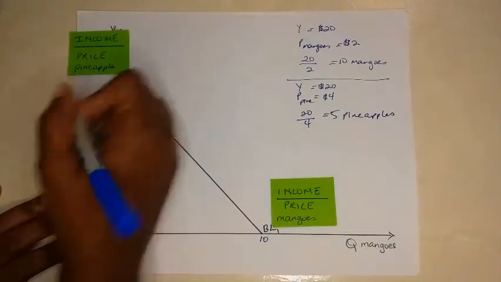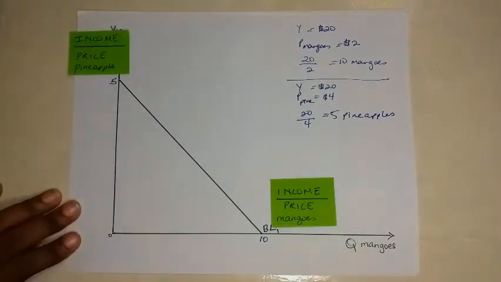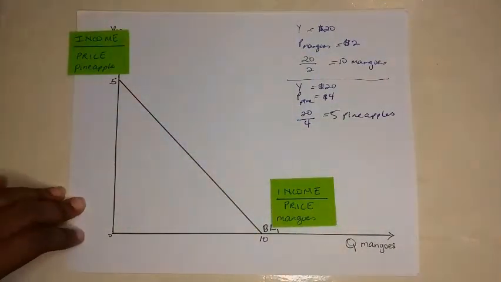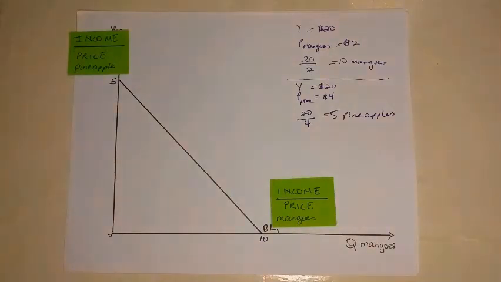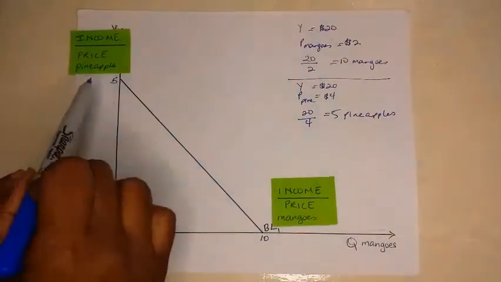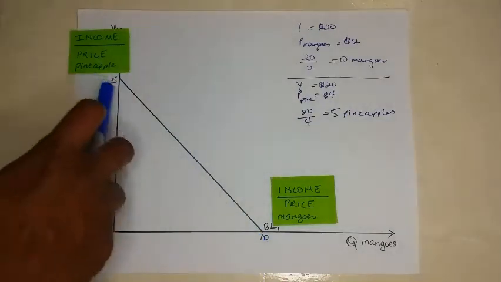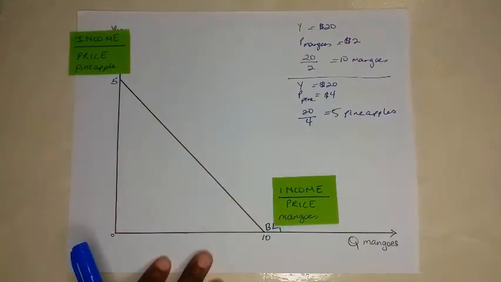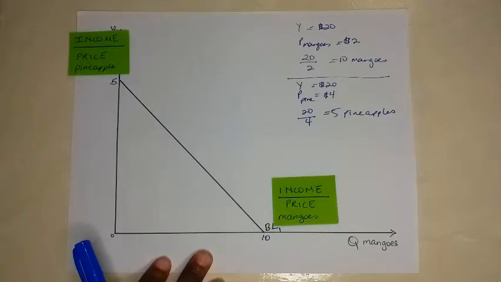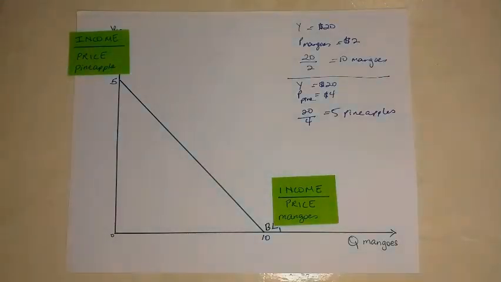So that is the maximum amount that we could get. Before I move on, the budget line therefore would show us the maximum combinations that we could get based on our income and our prices.